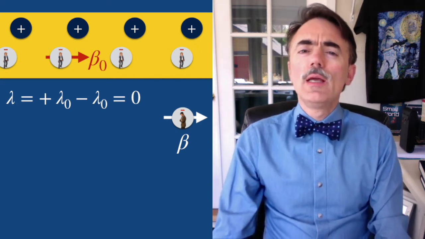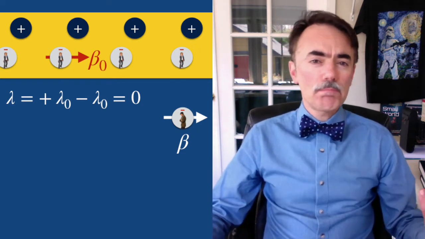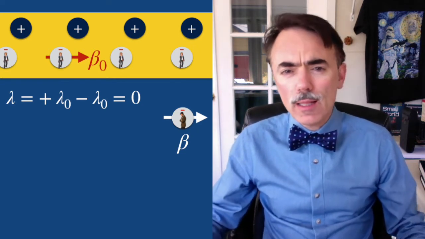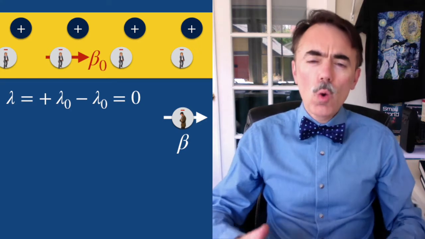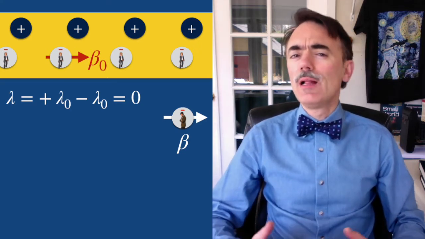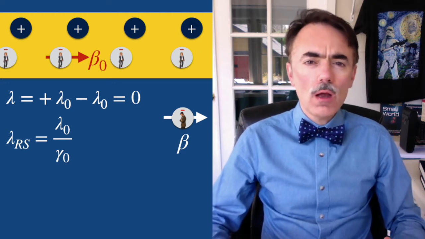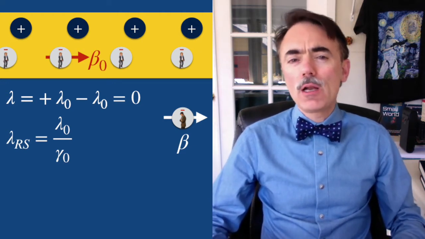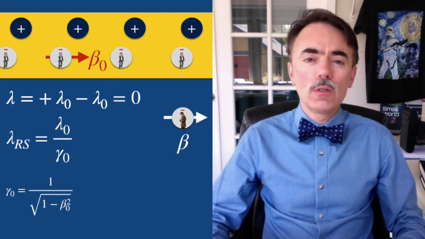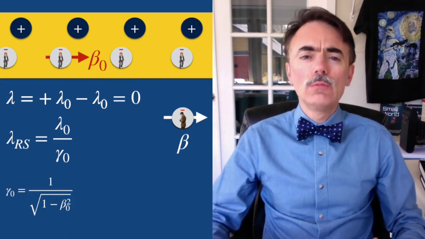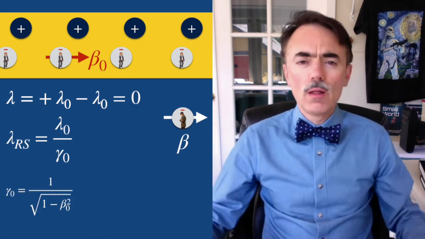Of course, if this is the case, the density of the drifting electrons in their own reference frame should be less. It should be lambda naught over gamma naught, if gamma naught is the contraction factor due to the relative speed between the negative electrons in the wire and the ions in the wire.